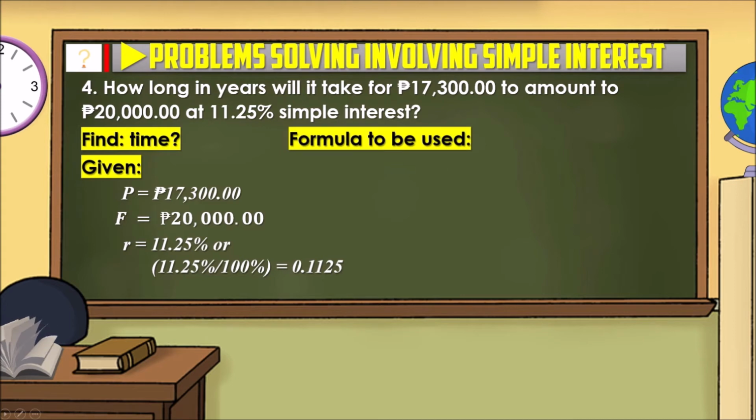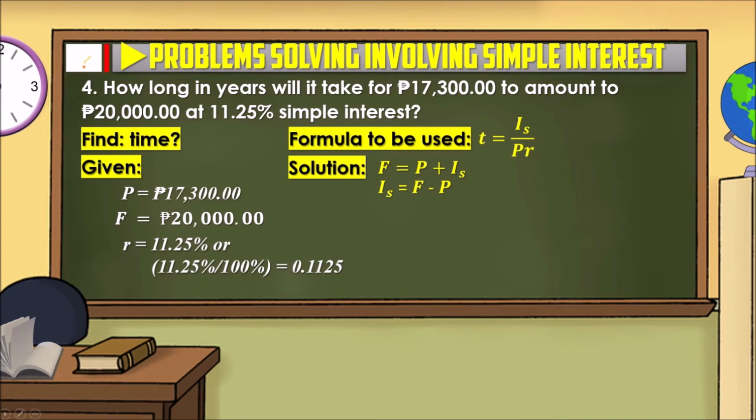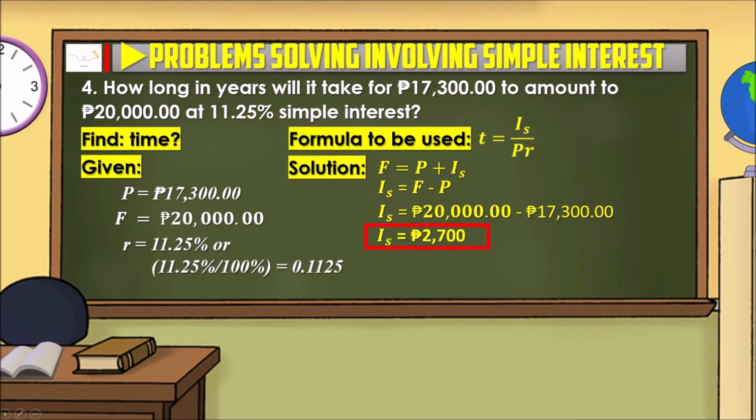This is the formula we're going to use. Before we use the formula in finding the time, we need to first use the formula to find the interest. Substitute the given to the formula. Now, perform the operation. The final interest for this is 2,700 pesos.